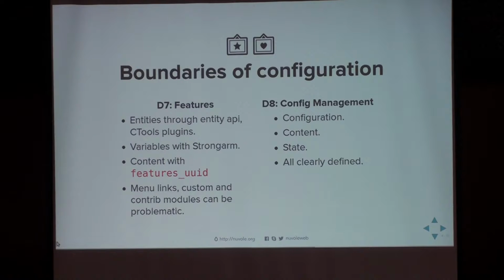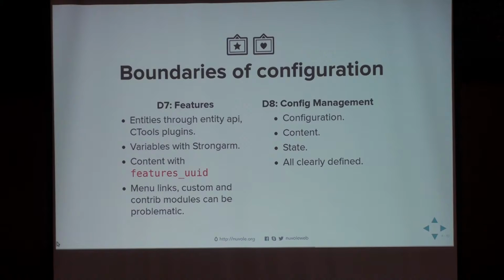In Drupal 8, it's very clearly separated what counts as configuration and what counts as not configuration. And the boundary of one configuration object is also very clearly defined. And you have this configuration and content and state, basically.